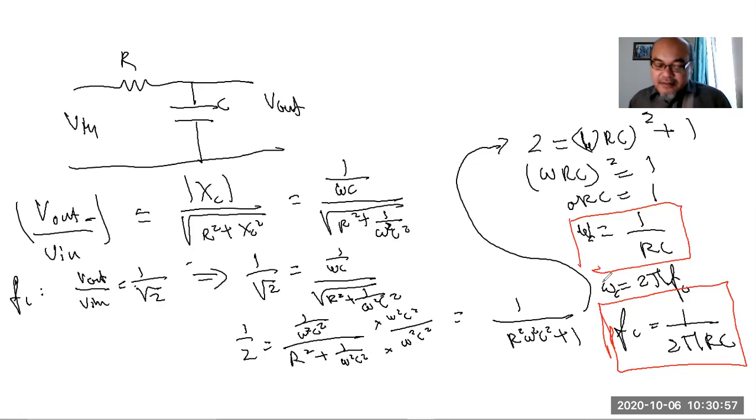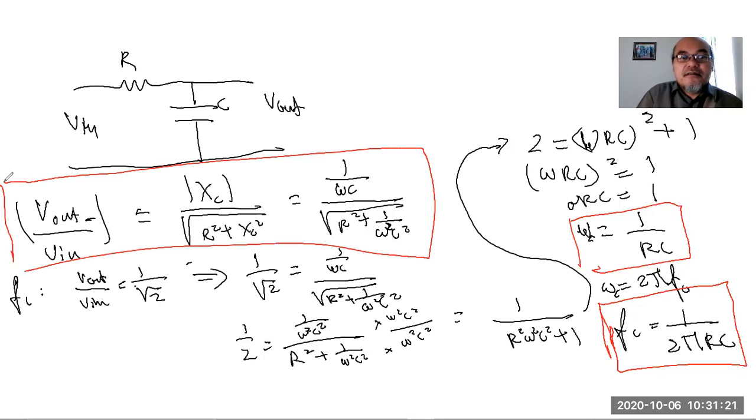Let's have a try on this. Any questions so far regarding the derivation of the cutoff frequency? No question? And the V out divided by V in is this value. This is the transfer function. Of course, you can simplify this further.